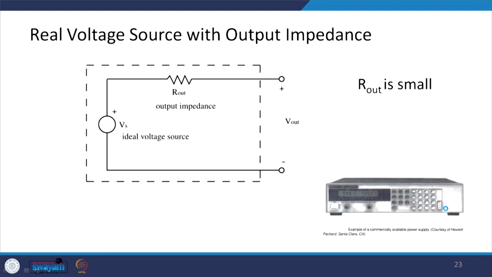So, the real voltage source and output impedance: you can see an example of the voltage source here, a commercially available power supply by HP is shown over here. So, the real voltage source can be represented by an ideal voltage source plus an output impedance, where we consider this output impedance to be small.